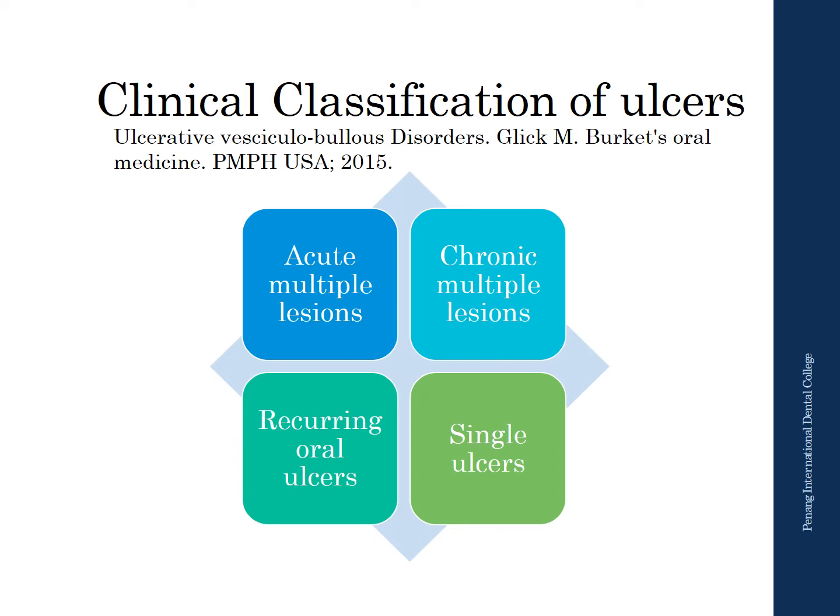The clinical classification of ulcers, as given by Behcet's oral medicine, is divided into acute multiple lesions, chronic multiple lesions, recurring oral ulcers, and single ulcers. So we've gone through acute multiple lesions in the previous lecture, and now we will look at all the others in this lecture.